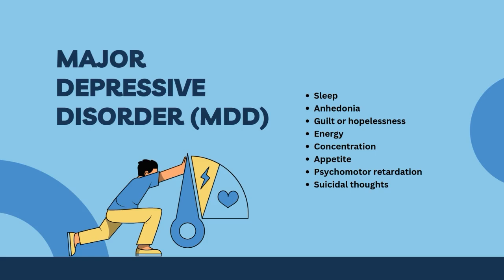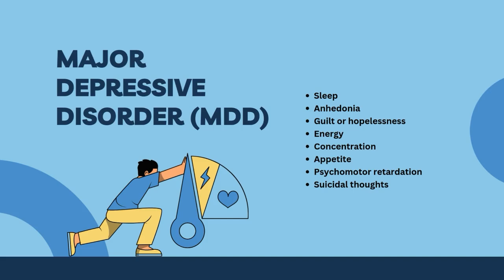Earlier versions of the DSM excluded depressive episodes following bereavement, but this exclusion didn't extend to other types of loss like divorce or job loss. Now, the DSM 5 TR recognizes that depressive symptoms triggered by any significant stressor can still meet the criteria for MDD if they are severe and persistent enough. And this helps distinguish what is a normal reaction from what has crossed into clinical territory.